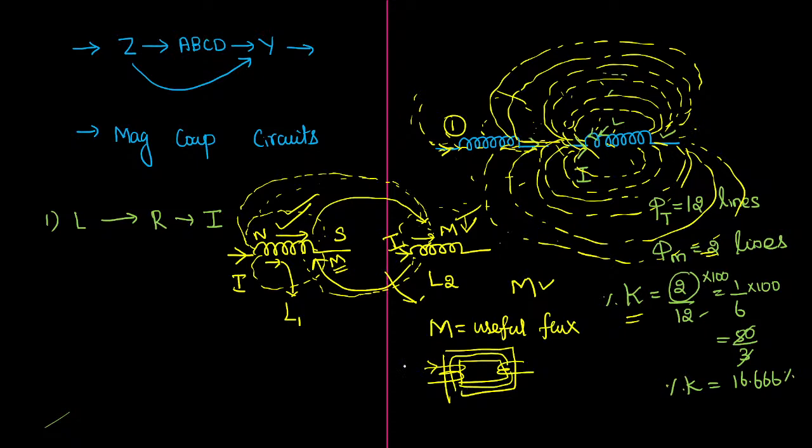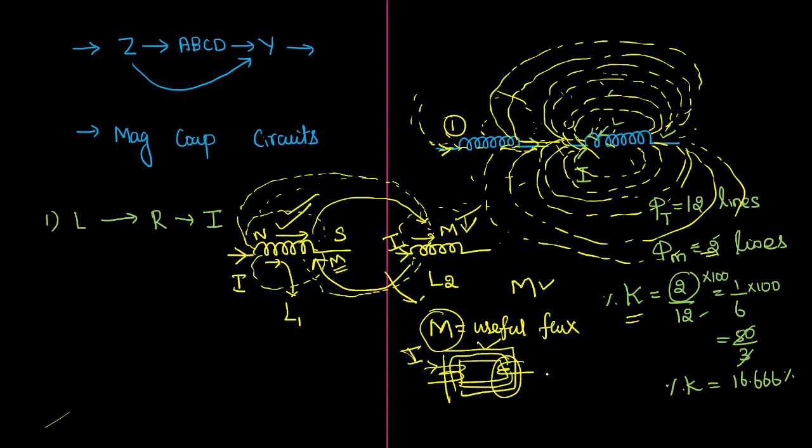Yes or no? So when we inject the current through one coil, some flux lines will be produced, and they will create some influence in the other coil. That is called main field flux, or we call it useful flux. So here our major concern, basically, is only this useful flux.